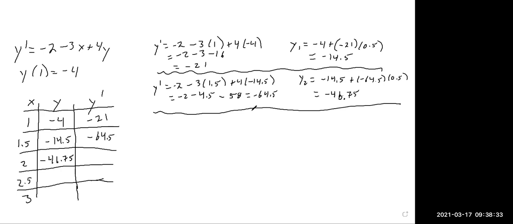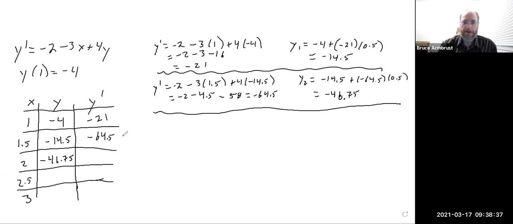All right, so there we go. So now keep going. So the next y prime is going to be minus 2, minus 3 times 2, plus 4 times minus 46.75. And I'm officially bored and tired of this.